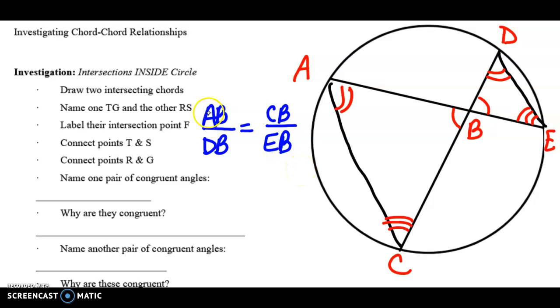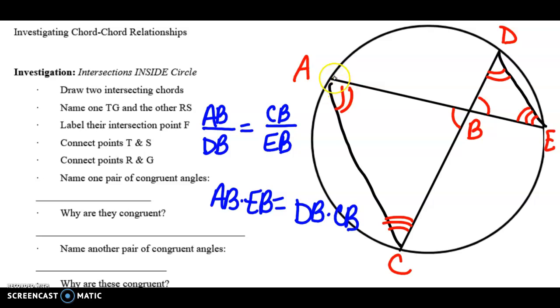And if we multiply diagonally, you could say AB times EB would be the same thing as DB times CB.